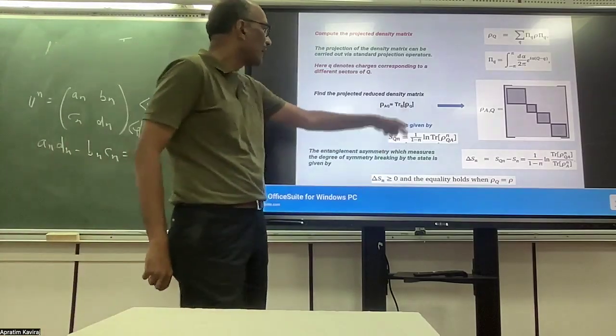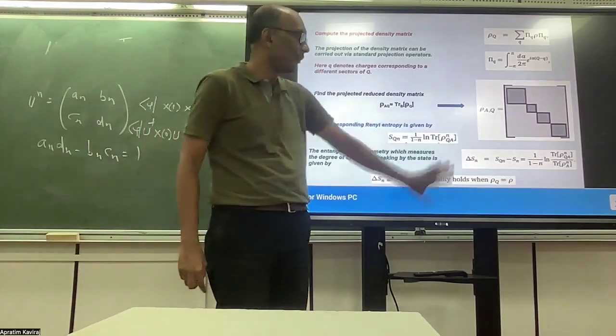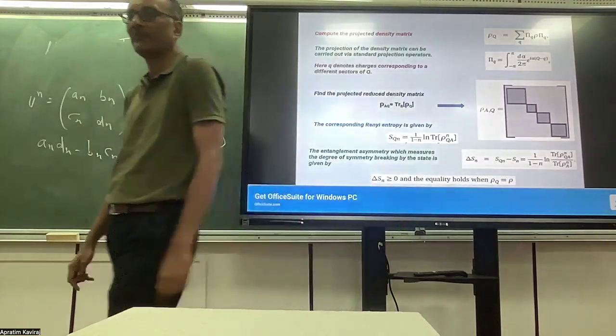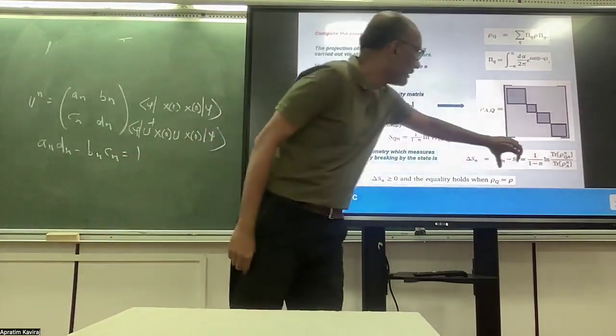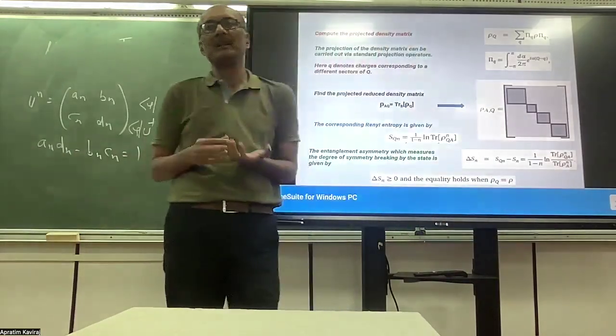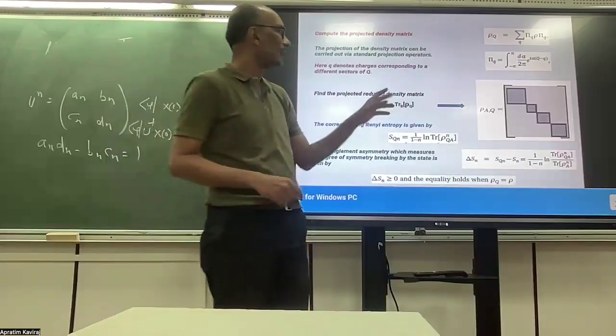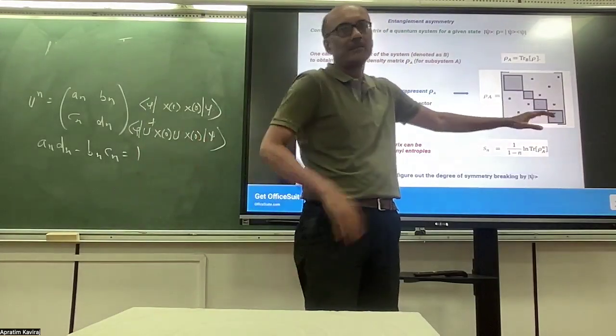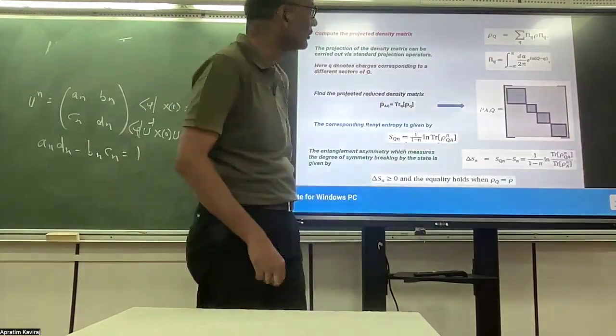Now I can also compute the Renyi entropy of this projected thing and subtract it from the total Renyi entropy. Now, this part is essentially due to the parts of this rho A which were outside the symmetry sector, because I'm just subtracting these things out.